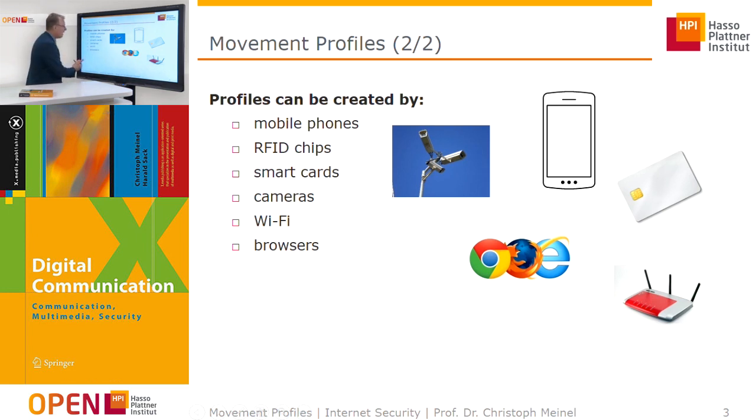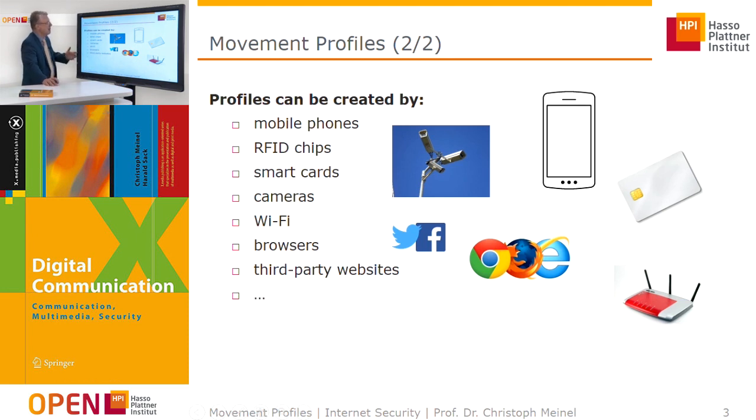Browsers, of course, are a source to get information about the activities of users, or third-party websites that are visited, and many more applications, devices, and tools collect data about a person that can be aggregated.